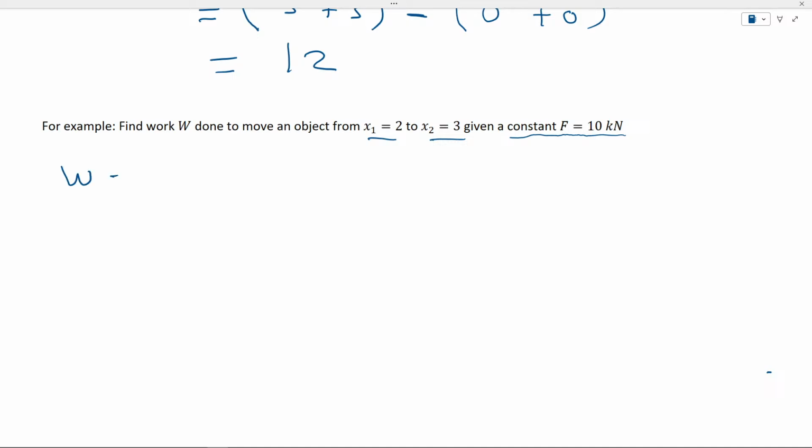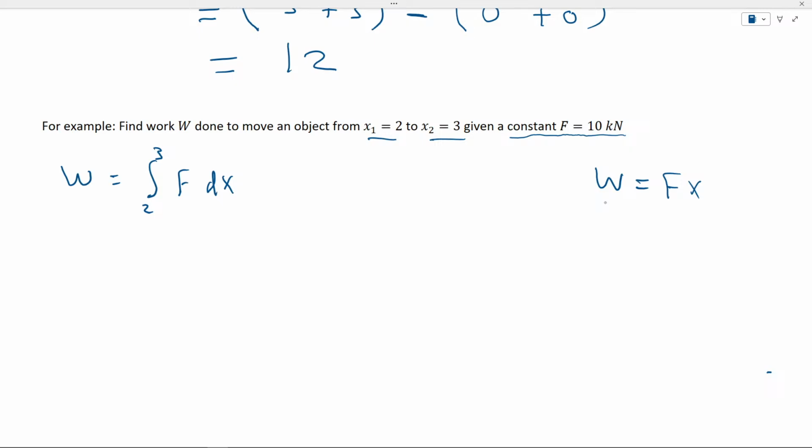Work is equal to the integration from x equal to 2 to x equal to 3 of force times my dx, my delta distance, because you know work is equal to force times distance.